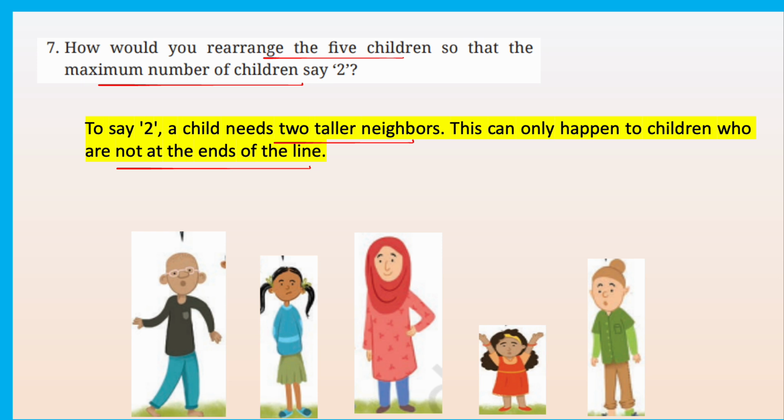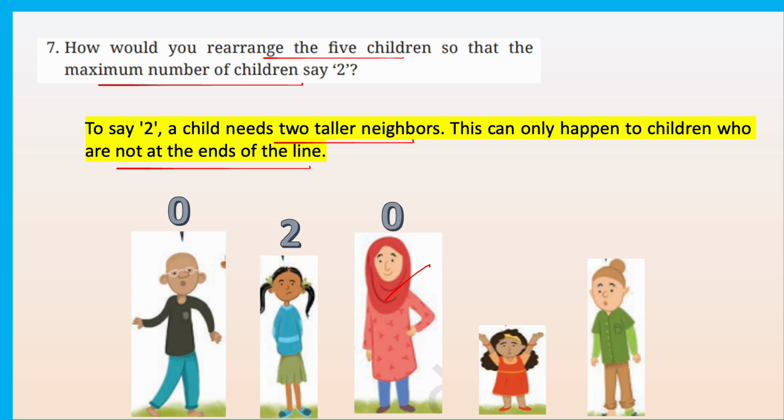See the first child, he has only one neighbor and she is shorter than him. So he will say 0. Then the next girl, she has 2 neighbors. Both are taller than her. So she will say 2. Then the next child, she has 2 neighbors. Both are shorter than her.